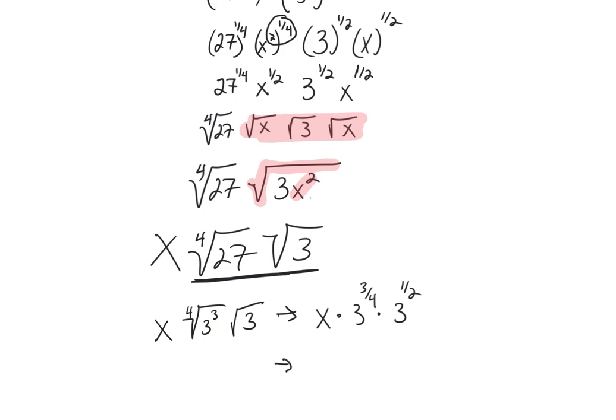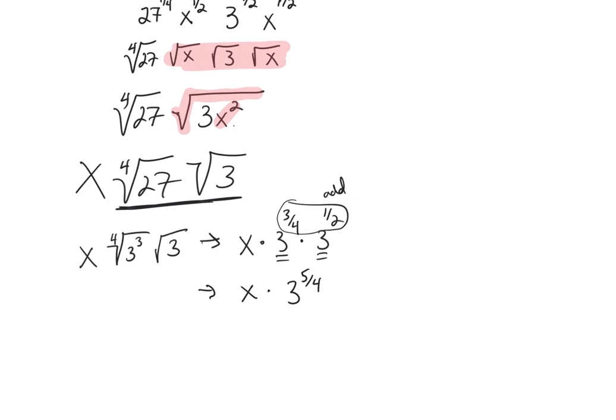Now, when I have the same bases, I can add the exponents together. That's going to give me x times 3. When I add 3/4 and 1/2, I get 5/4. That is going to be x times the 4th root of 3 to the 5th power.